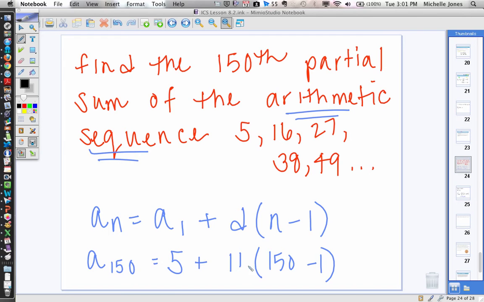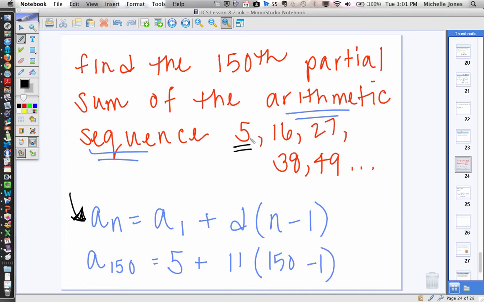So if you remember back to the beginning of the section, you were given this formula. a sub n equals a sub 1 plus d, that common difference, times n minus 1. So we're going to use that to help us figure out what our 150th term is. Obviously, you could write these all out, but that's going to take way too much time. So if we look for our 150th term, you take your first term, your a sub 1, which is 5.